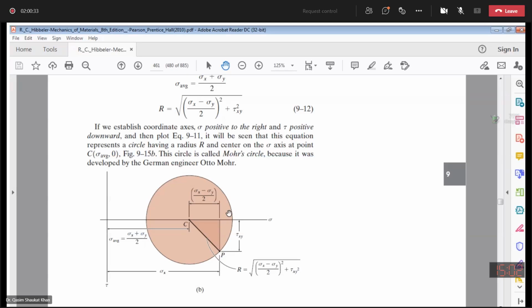Let's say next I want to find the values for an element oriented at 80 degrees. On the Mohr circle it will be 160 degrees, somewhere here.